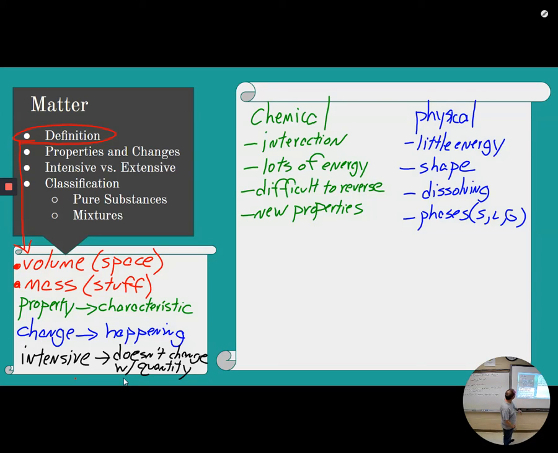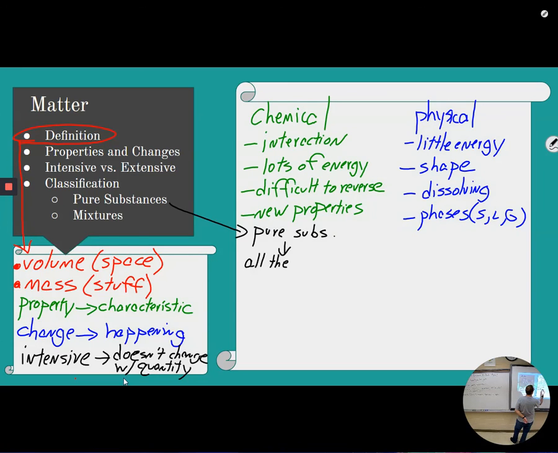Last thing to talk about is classification into pure substances or mixtures. So if something is a pure substance, then it is going to have all the same parts. I'm going to say all the same pieces. Okay?